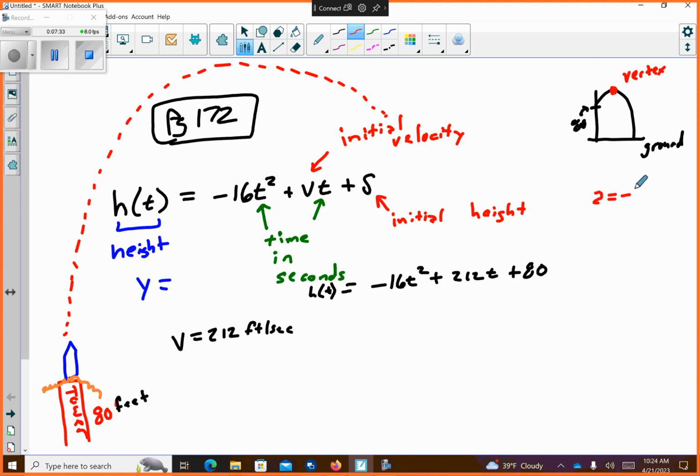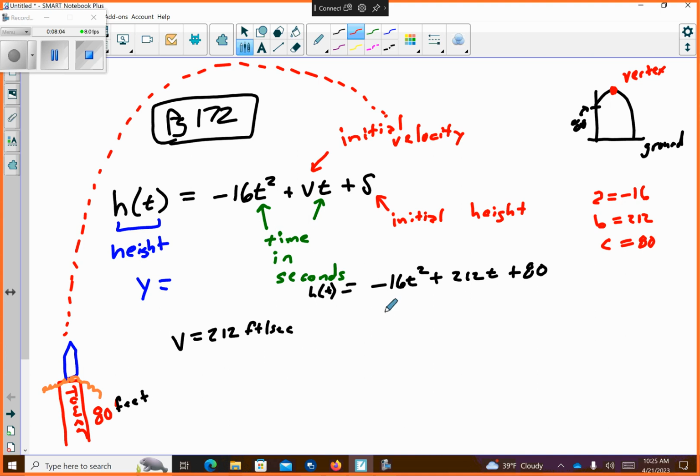I know that my A value is negative 16, my B value is 212, and my C value is 80. And I bet you that's stuff that you could easily tell me. Agree? Like, you can be like, dude, vertex is either the highest point or the lowest point on a parabola. It's a turning point. Cool. It goes from a squared to a non-squared to just a number. That's A, B's, and C's all day long.